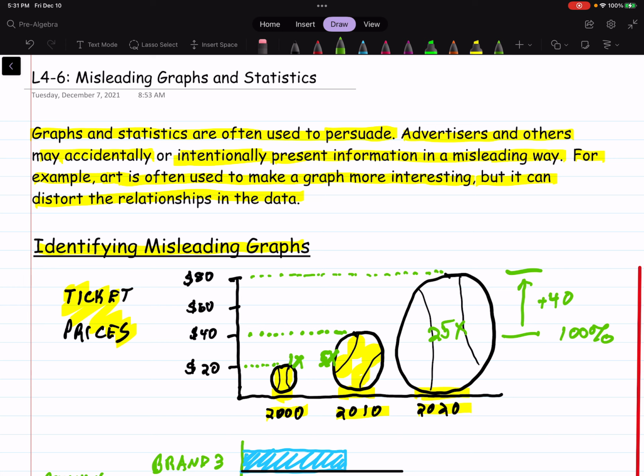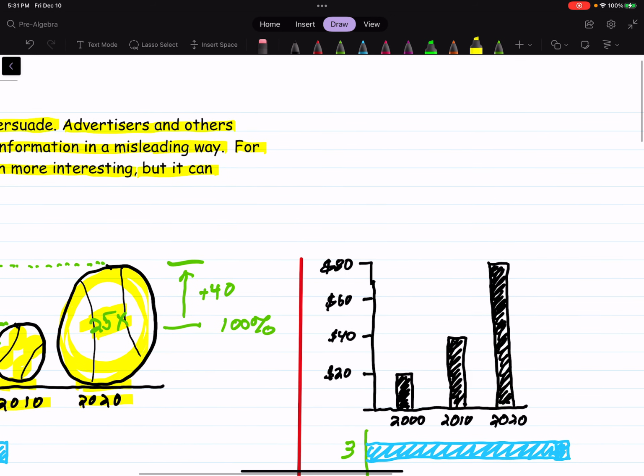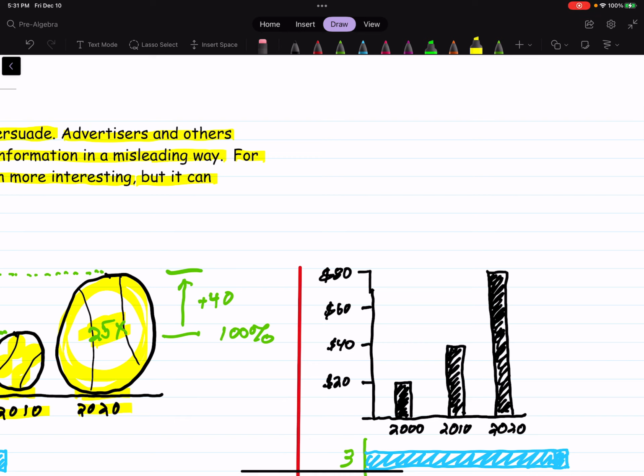But instead, by drawing this graph, we kind of trick the user of the graph, the person who's looking at it, and we trick their eye into thinking that maybe this is a lot bigger than this first one down here.